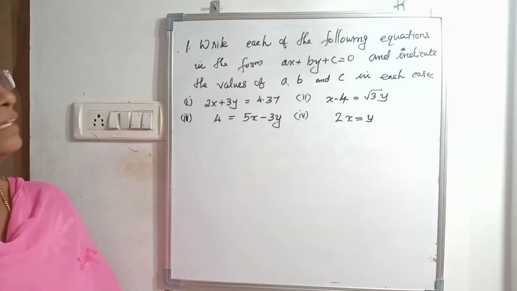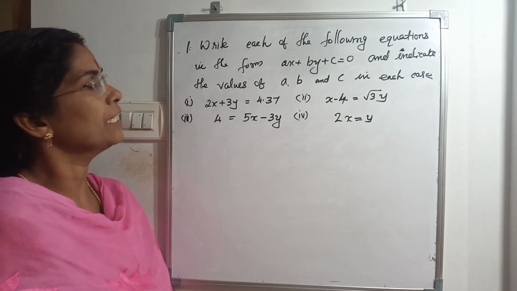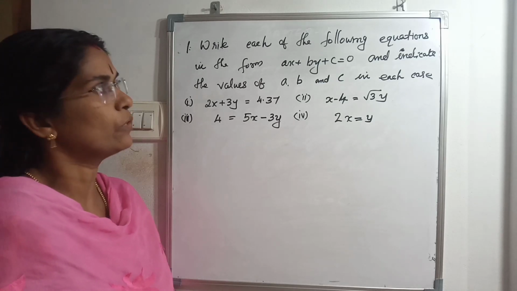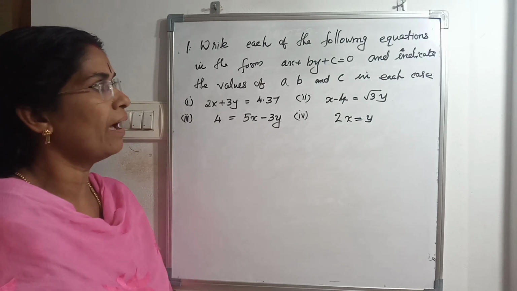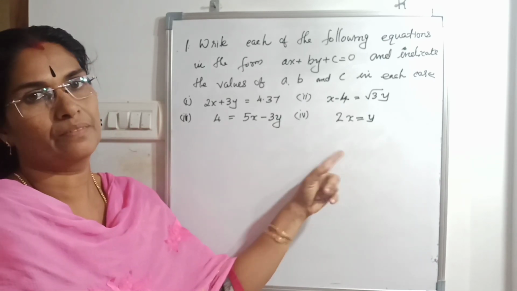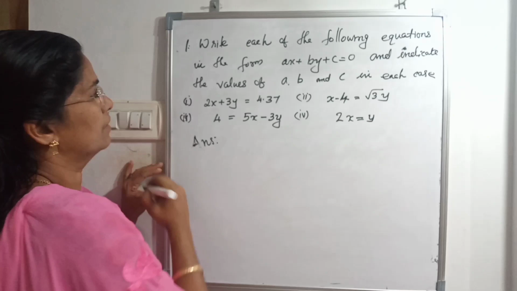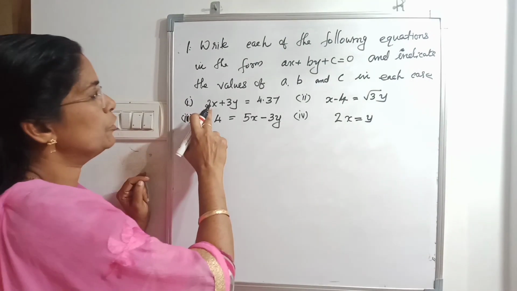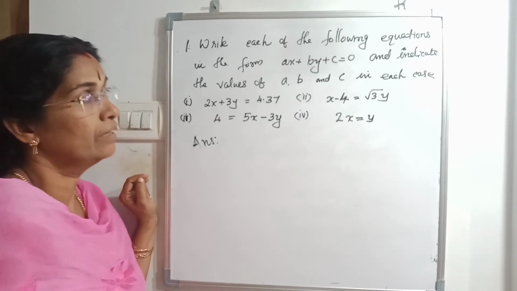This is the first question. Write each of the following equations in the form ax plus by plus c equal to 0 and indicate the values of a, b and c in each case. There are 4 questions. So, okay, we can start our answer. First question, 2x plus 3y equal to 4.37.